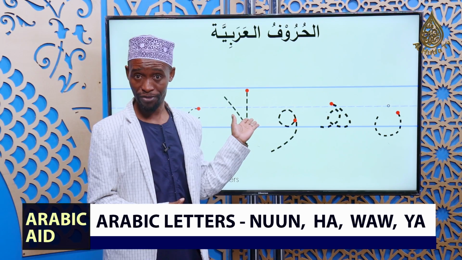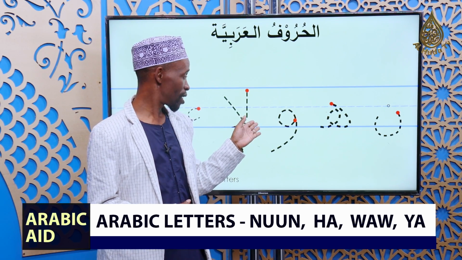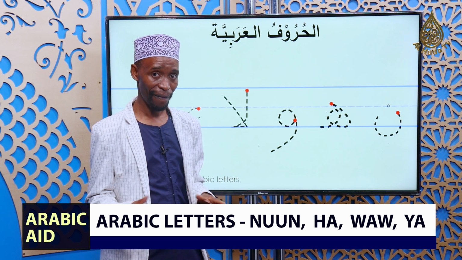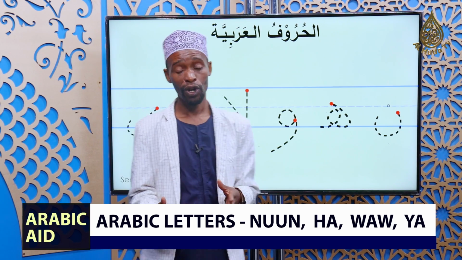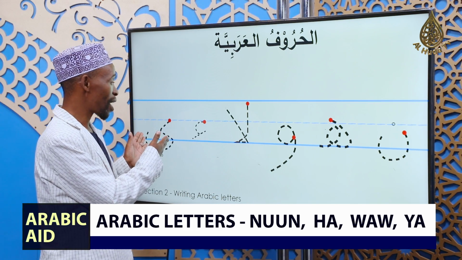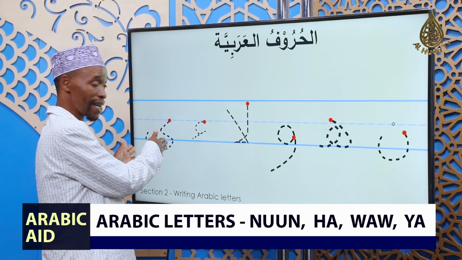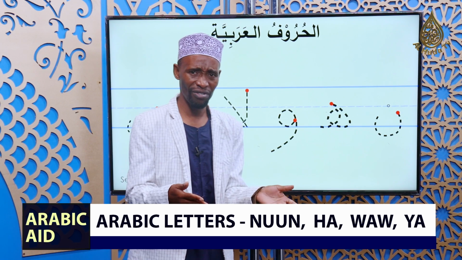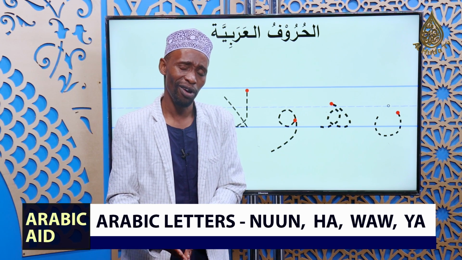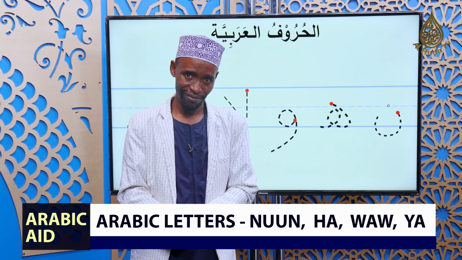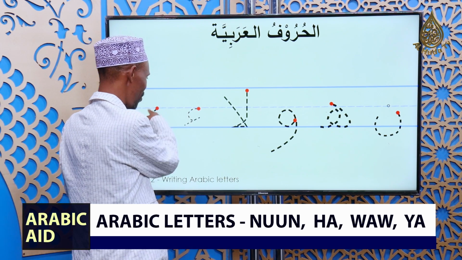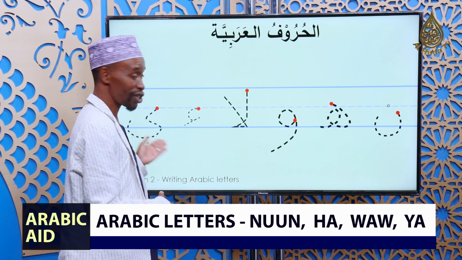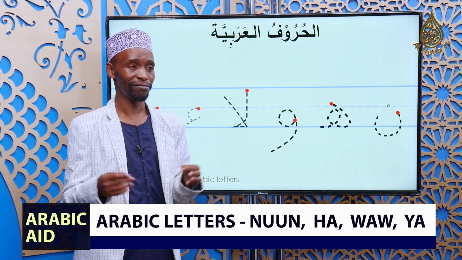What about lam alif? Tell me, is it a dotted letter or undotted? And finally, we look at hamza before we come to the last letter here. Is it in the category of the dotted letters or undotted letters? Now we look at here. Look at it properly and carefully observe it. Is it dotted or undotted?